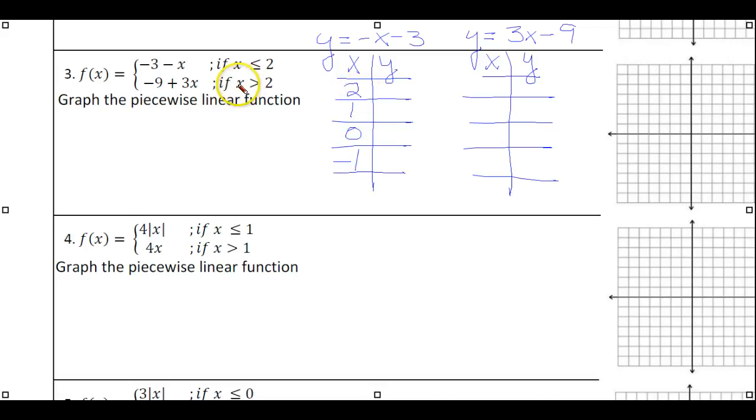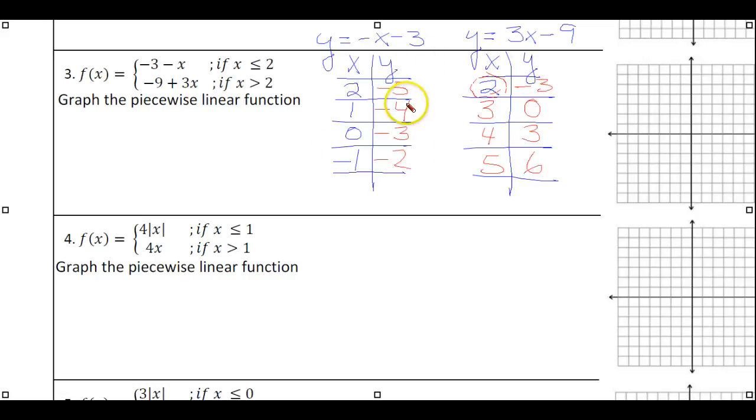Now here, x is greater than 2. So this will be a 2 here, but 2 is not included in the set. So we put that little circle around it to indicate that 2 is not included. And since it's greater, we're going to go now with 3, 4, 5. All right, let's give you a moment to fill in some points.